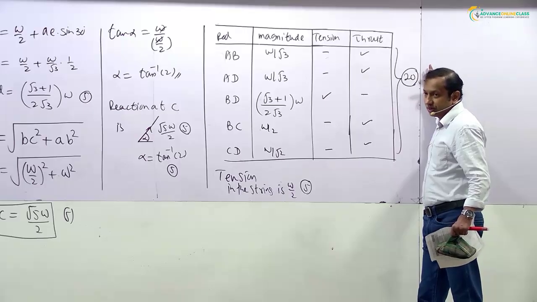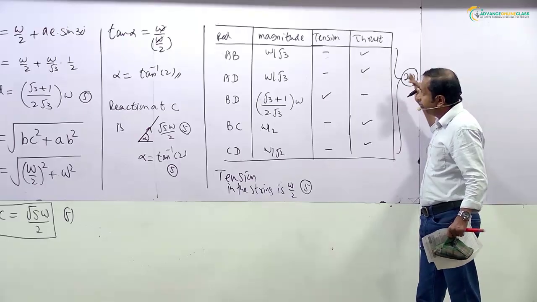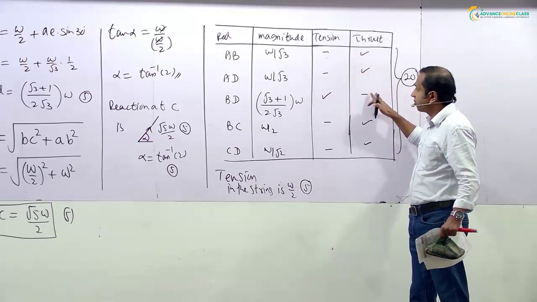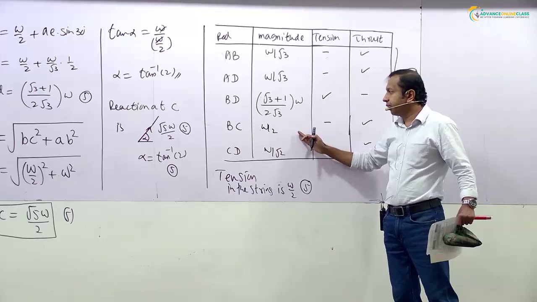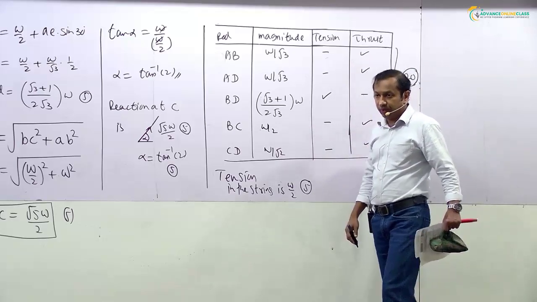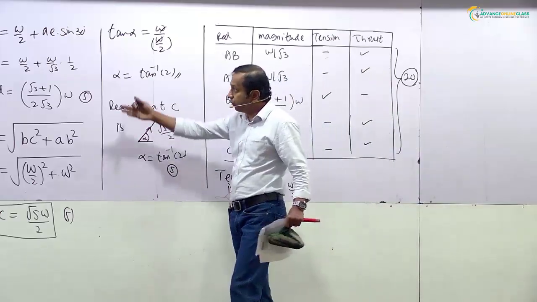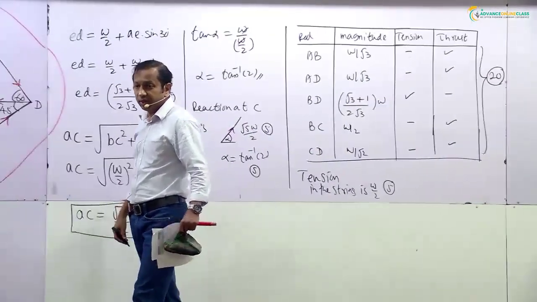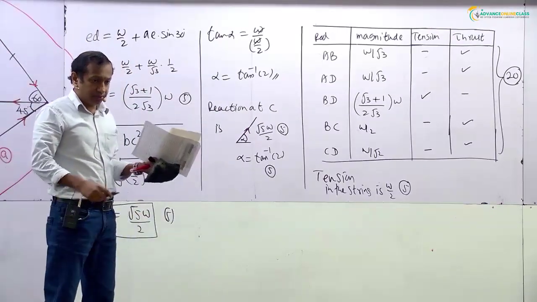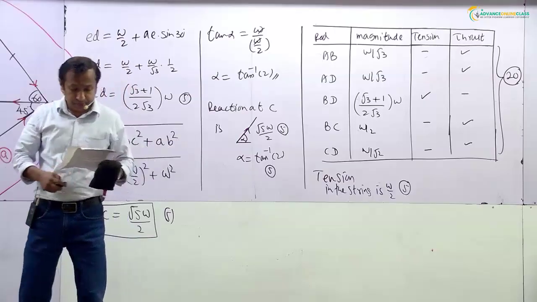So this 20 comes in if everything is correct. Here we consider only the tension and thrust cases, because for the others you got marks earlier, so you won't get them again.